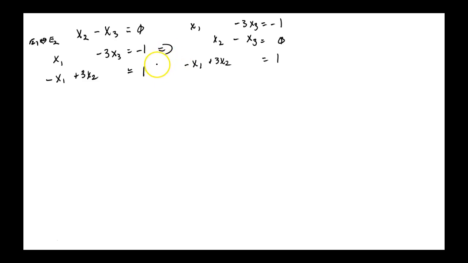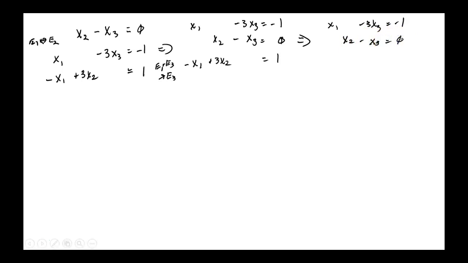Using equation 1. Yeah, equation 1 plus equation 3 is the new equation 3. All right, let's do that one. So equation 1 stays the same, x sub 1 minus 3x sub 3 is equal to minus 1. Equation 2 stays the same, x sub 2 minus x sub 3 is equal to 0.